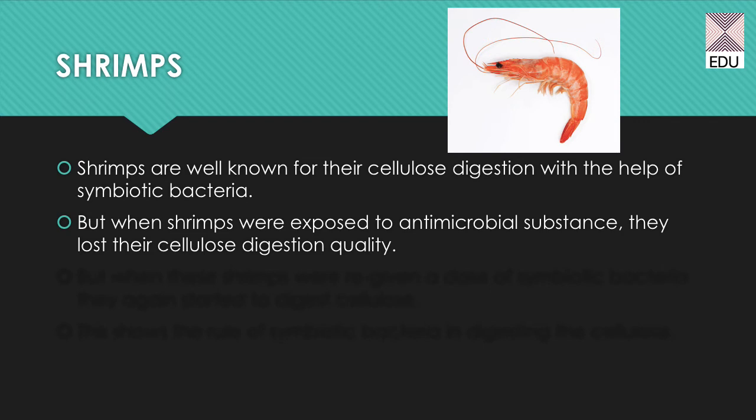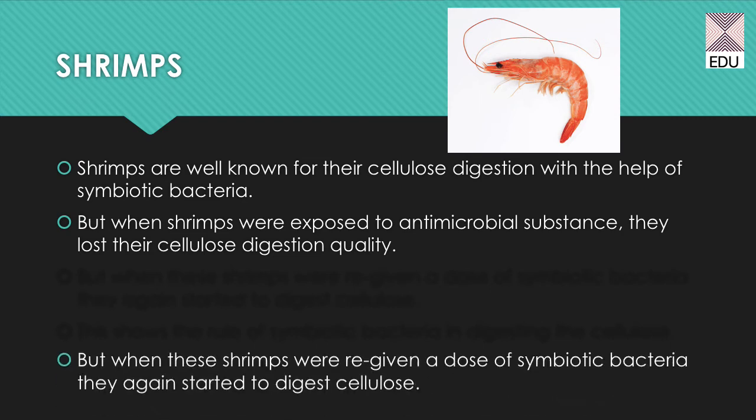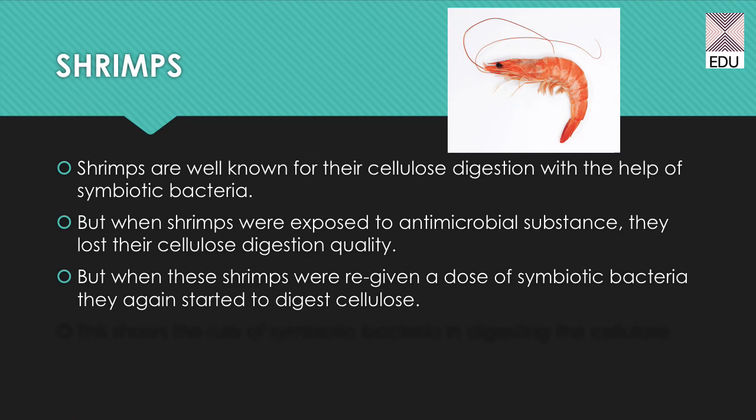So here also the shrimps are devoid of their cellulose digestion quality. But when these shrimps were re-given a dose of symbiotic bacteria, they again started to digest the cellulose. So that was a very good experiment that was done on shrimps.